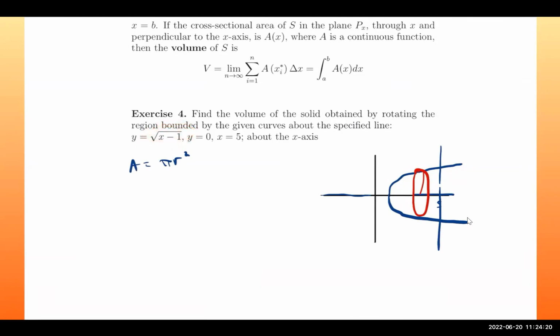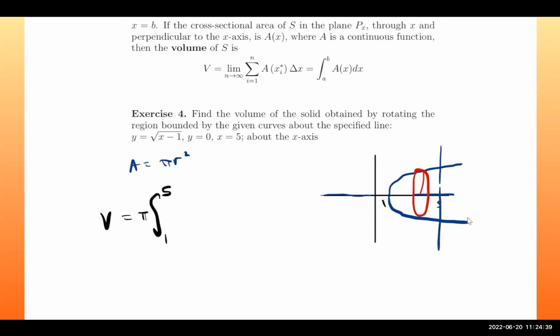So the volume is going to be written as the integral from 1 to 5 of pi r squared. Because pi is a constant, I'm going to take it to the outside of the integral, which you're allowed to do.